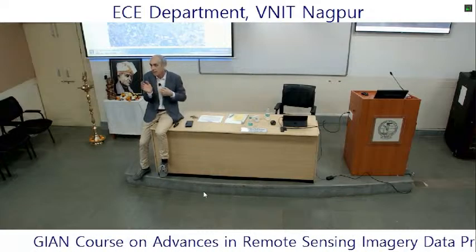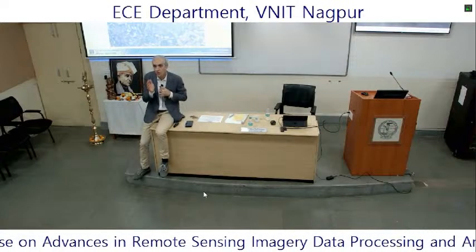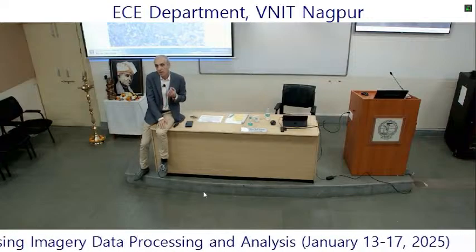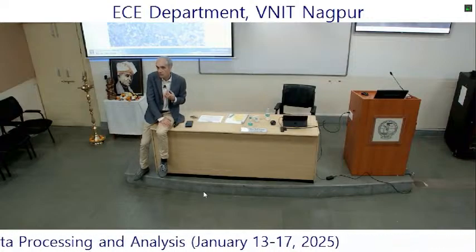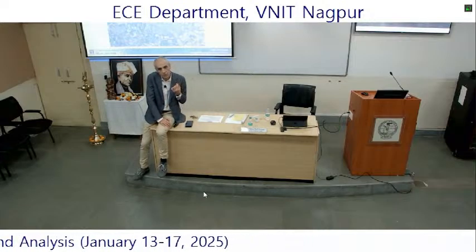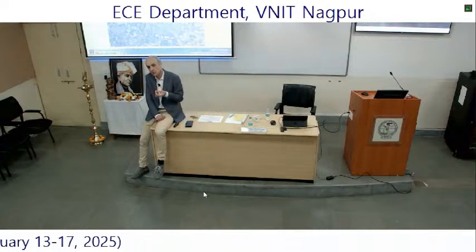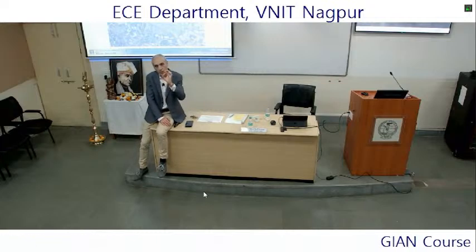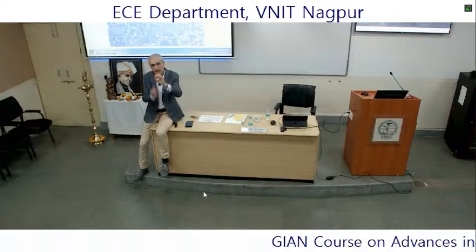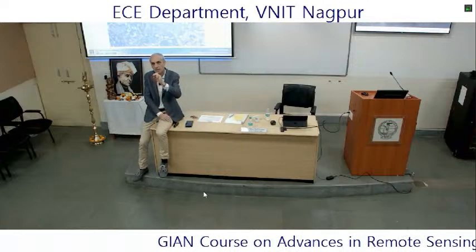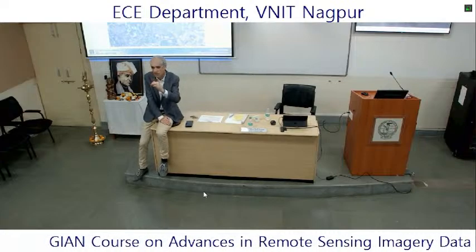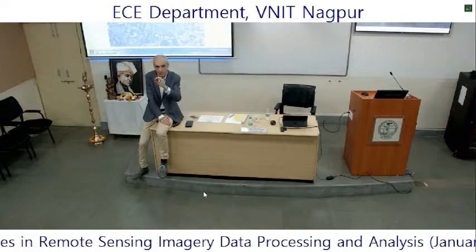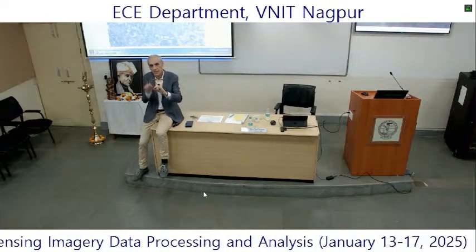That can be termed in two ways. You can say that you are using spatial information, as we did earlier this morning, or you can say you're using so-called contextual classification. What does it mean? You don't look at just the one pixel that you're trying to classify in that moment, but you're also looking at the neighboring pixels.